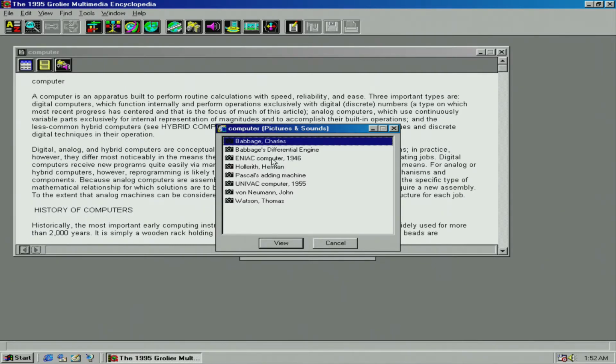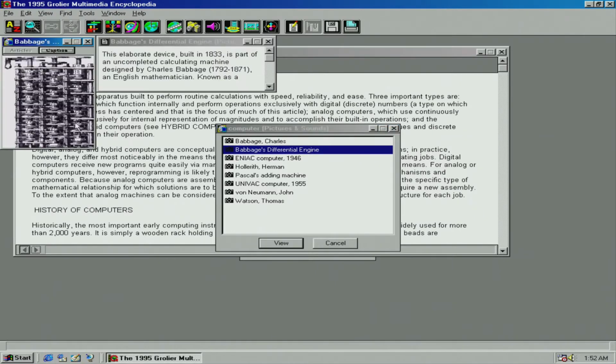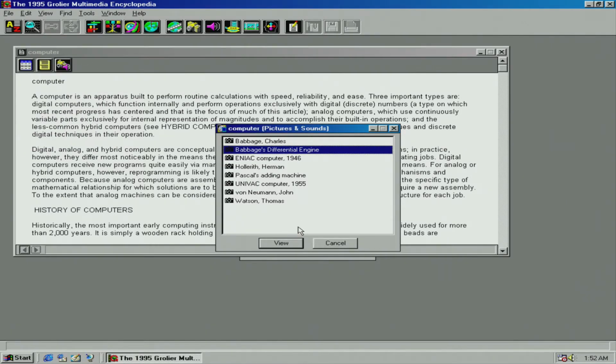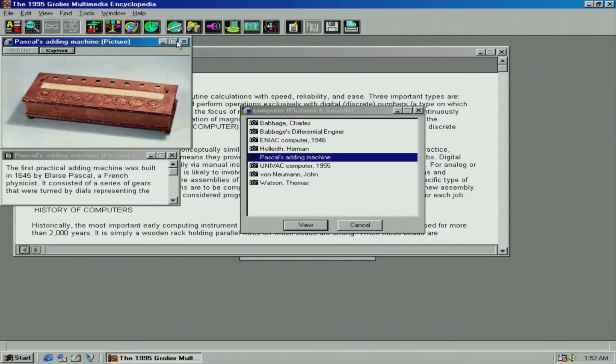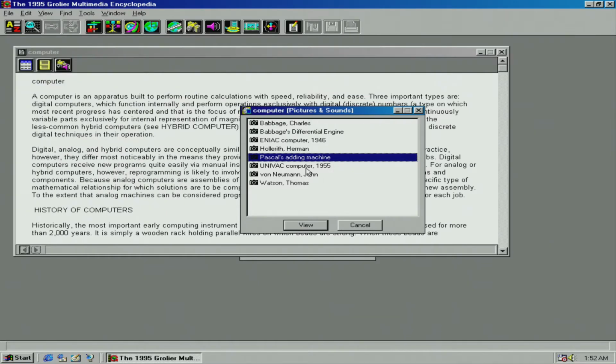You could just look at that. Babbage's difference engine. It gives you a picture of it. Not very high resolution, unfortunately, because you're only using the space of a CD, which is about 640 megabytes. Pascal's adding machine.